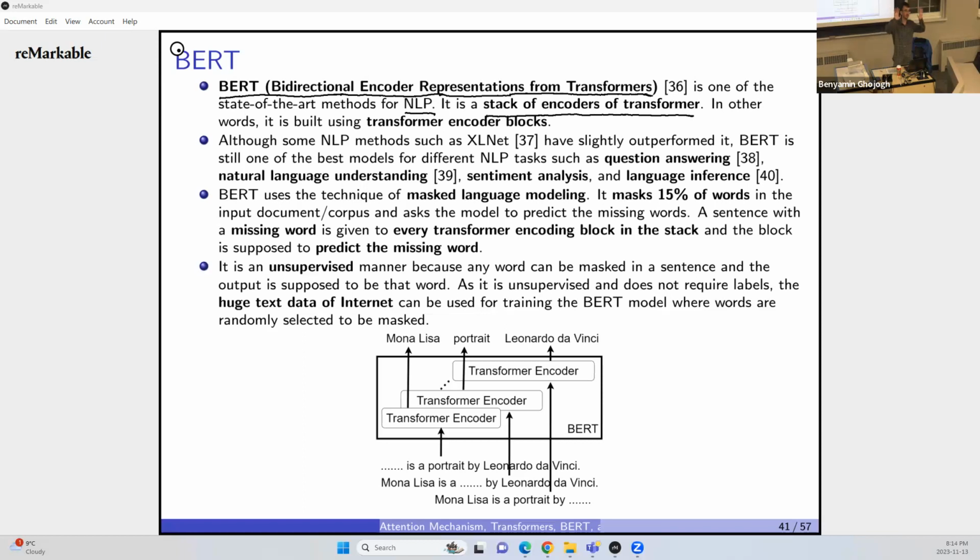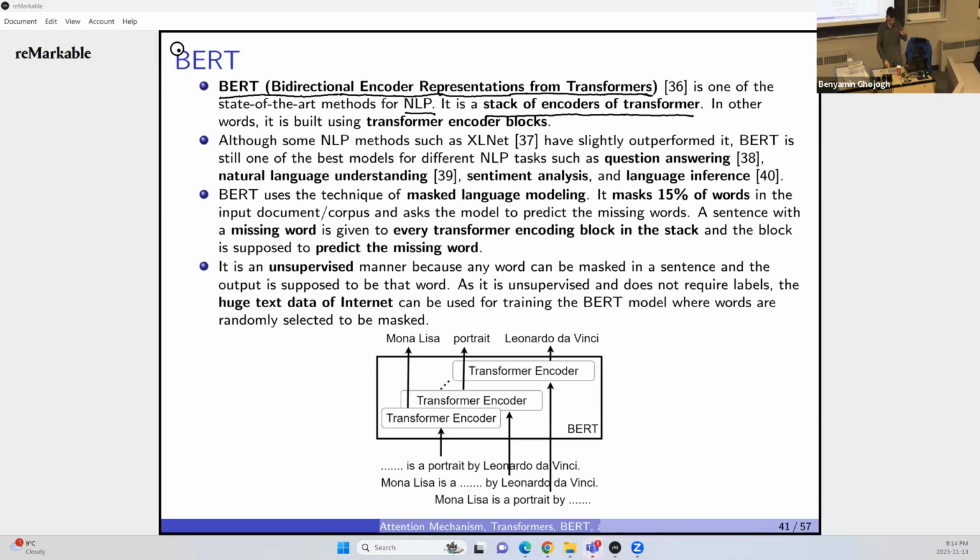So do you remember the transformer that we talked about? It was an autoencoder. It had an encoder and a decoder. If you drop the decoder and only have the encoder and you stack the encoder several times to become larger, they call it BERT. If you drop the encoder and only have the decoder and stack it several times, then it becomes GPT, okay?